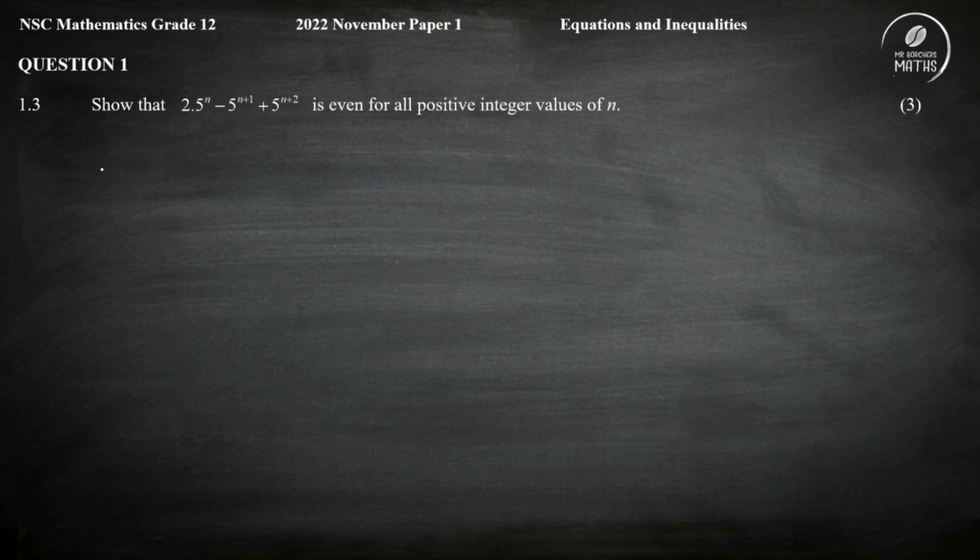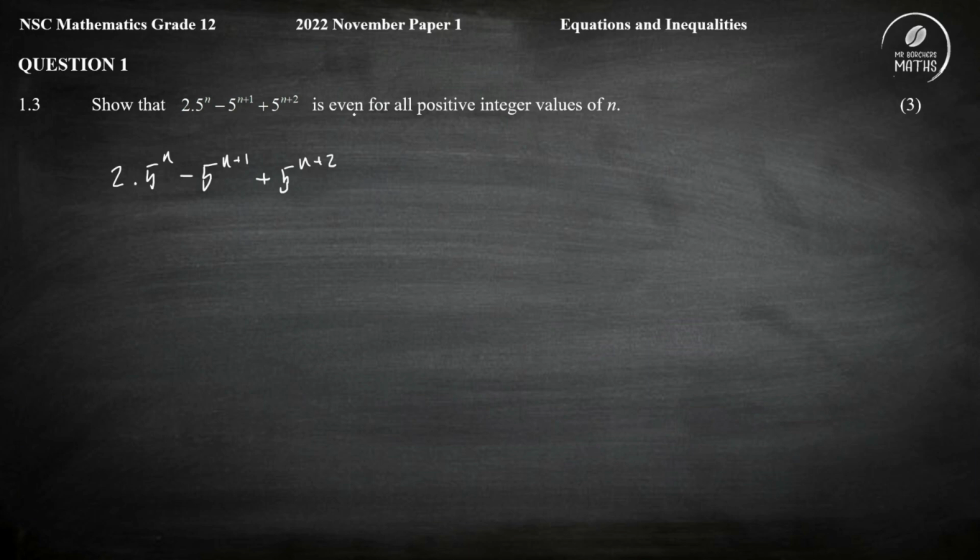Okay, question 1.3 asks us to show that 2 multiplied by 5 to the n, minus 5 to the n plus 1, plus 5 to the n plus 2 is even for all positive integer values of n.